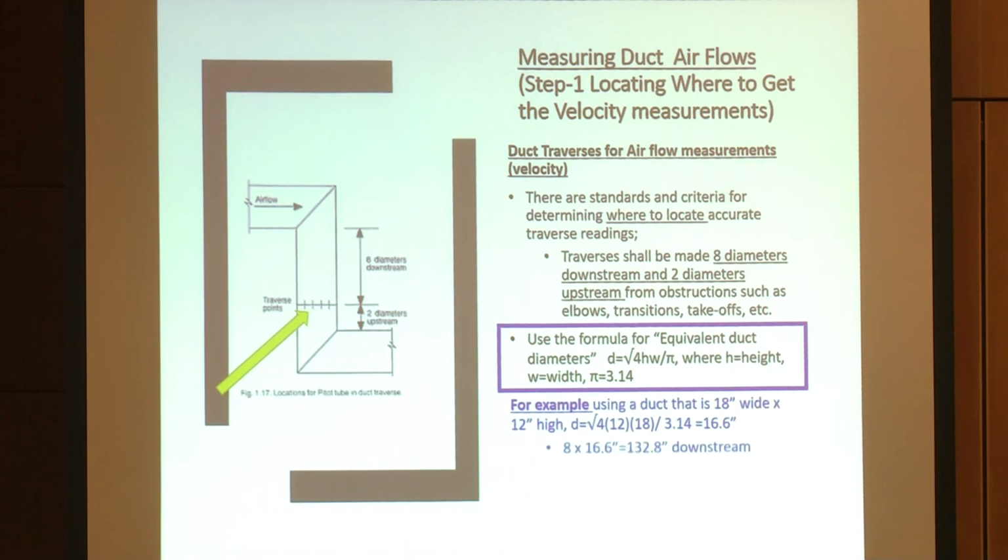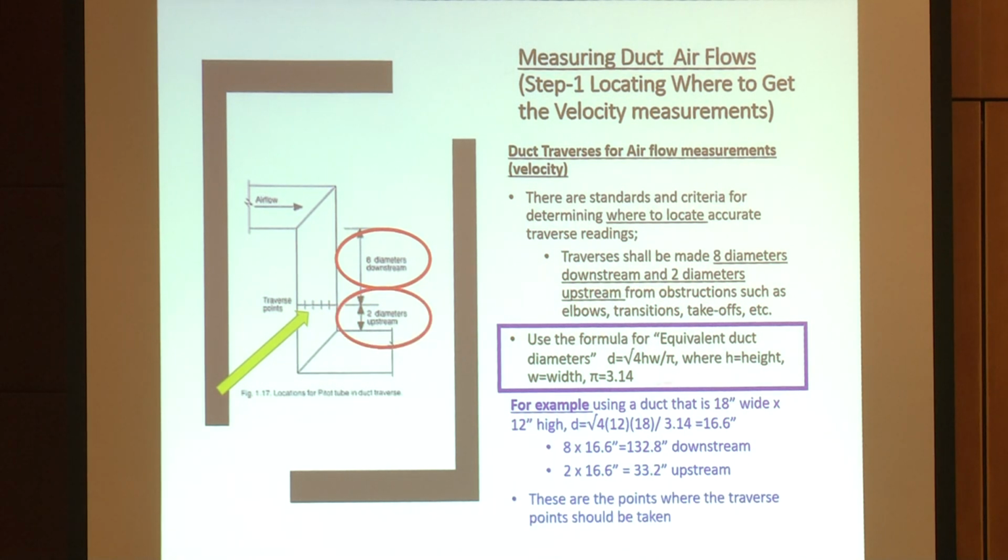So, for example, if we did an 18 wide, 12 inch high, we would use our little formula here. We would come up with 132 inches downstream, 33 upstream, and this is where we would take our measurement. And we have to do that on every duct that we do.